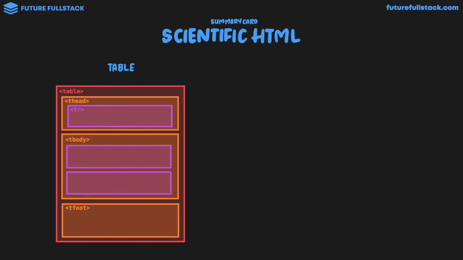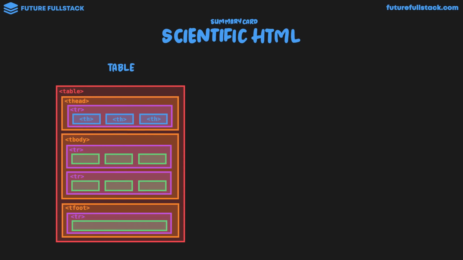In the body, you'd typically have multiple rows, and in the footer, you'd also typically have one row. We then saw we had to individually define each cell. For cells inside the table head, we use the TH tags, and for cells everywhere else, we use the TD tags. We also saw how TDs can span horizontally with colspan and vertically with rowspan.